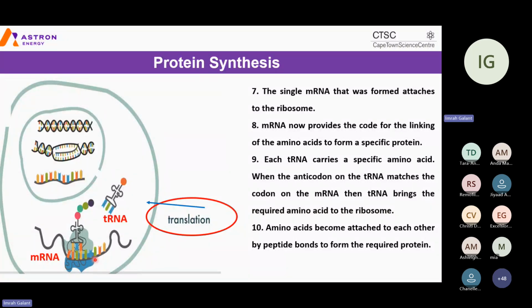So now we covered a few important parts of the DNA code of life. Now we're going to move on to a question from paper 2, June 2022.